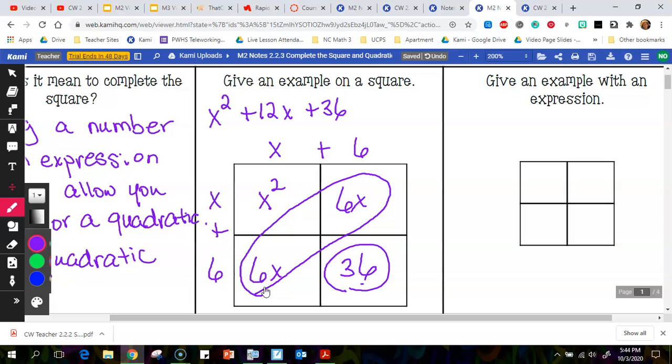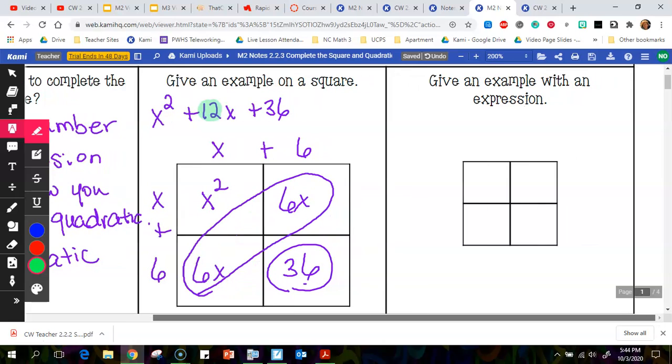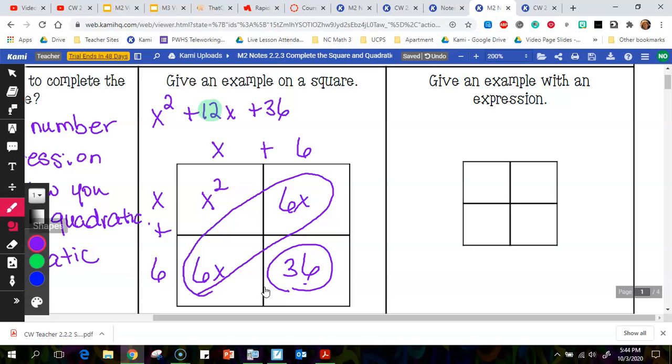All right, so then that middle term, that x term, which is what we look at first, divide it by 2 and then square it, and you get that 36. All right, what if we had something like x squared plus 6x plus what? We don't know, we need to know what.